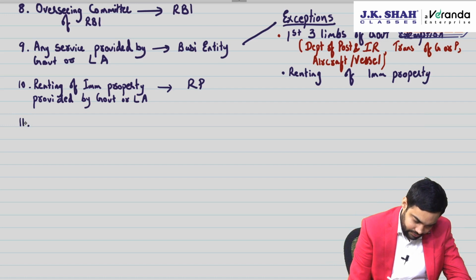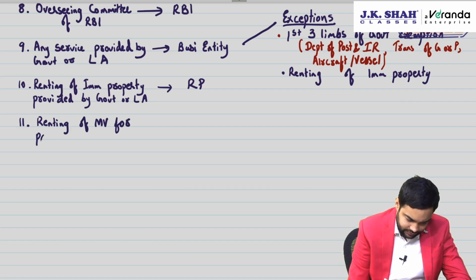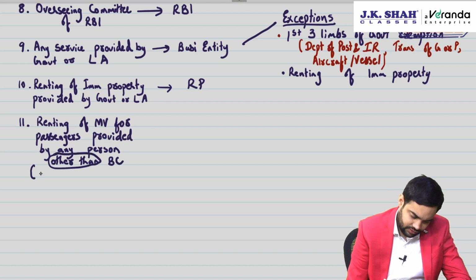Then the law talks about renting of motor vehicle for passengers provided by any person other than body corporate, and then the law also says that he should not be paying tax at 12%.